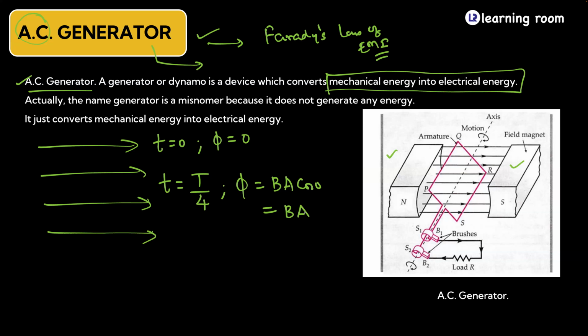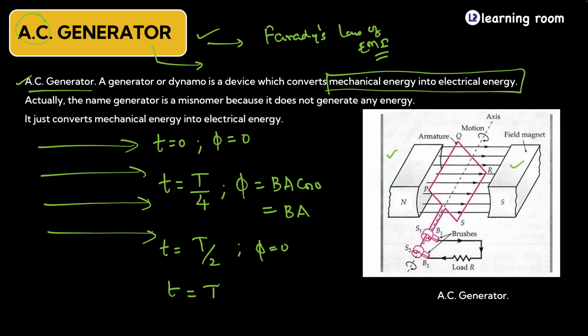Right. Similarly, at t equal to T by 2, what will happen? The coil would have made a 180-degree turn. So again, if you observe, the flux is going to be 0. So what has happened? Flux has gone from 0 to maximum value. Again, from maximum, it has come to 0. And at t equal to 1 time period, where will it come back?